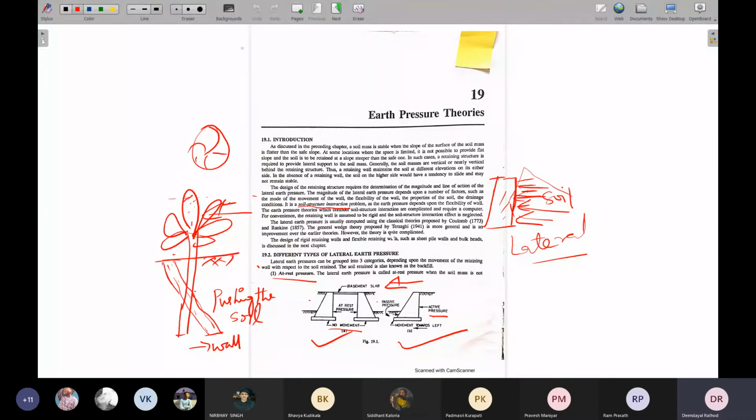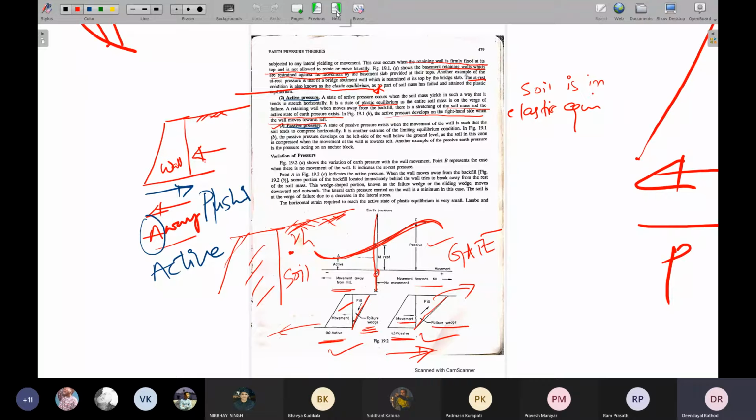When the wall is moving away from the soil, we call it the active case, and when the wall is moving, pushing the soil, we call it the passive case. And we have seen how the failure plane will occur in these cases.